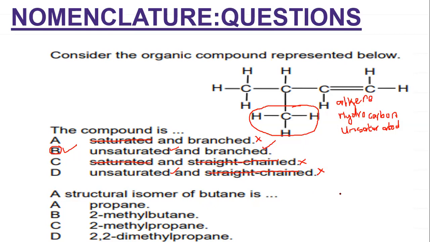So let us actually learn this. Butane looks like this. But means 4 carbons. So it's 1, it's 2, it's 3, it's 4. Then I just put my hydrogens. So there's my hydrogens, there's my hydrogens, there's my hydrogens.